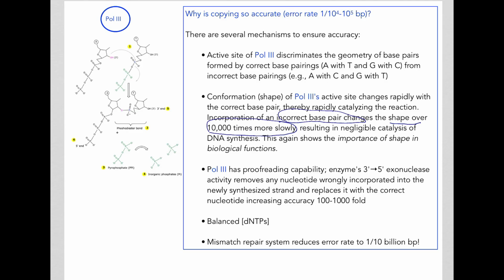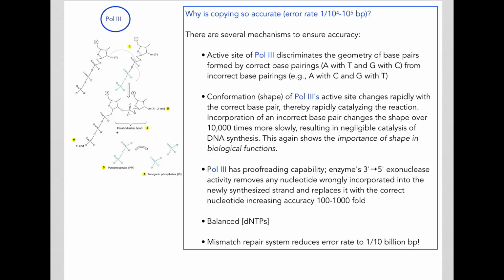So its catalytic activity is very, very weak, resulting in negligible catalysis of DNA synthesis. So this once again shows this very important concept that we have mentioned many, many times in previous videos, and that is the importance of shape in protein functions, in biological functions.